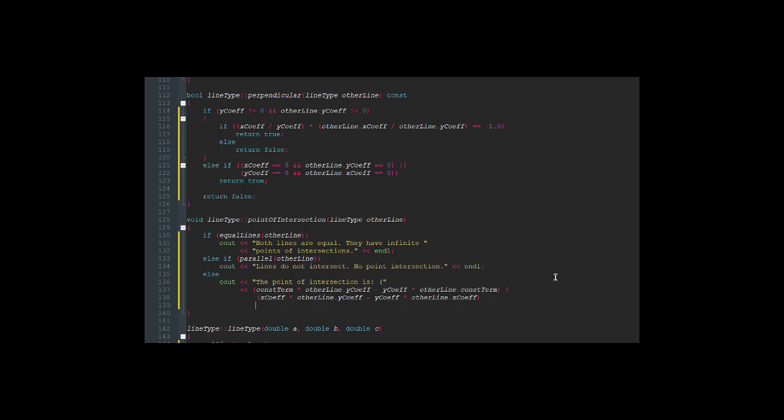And then we're going to print out, comma, constant term times the other line's x coefficient minus x coefficient times the other line's constant term, divided by, and then you're going to have something like this as well.